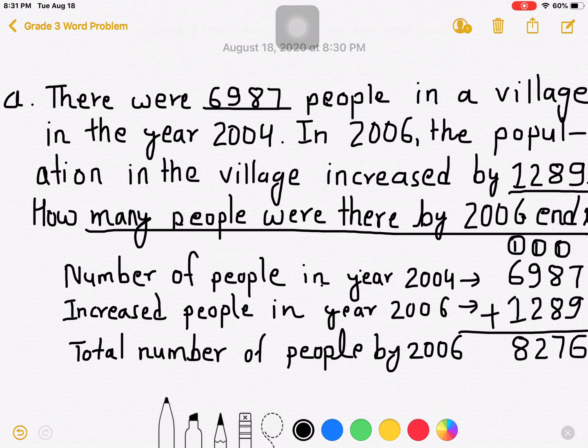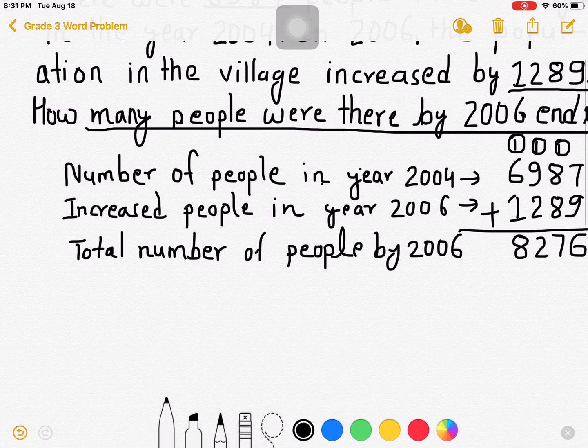Now at last, while doing a word problem, we have to give the conclusion. Now let us give the conclusion.